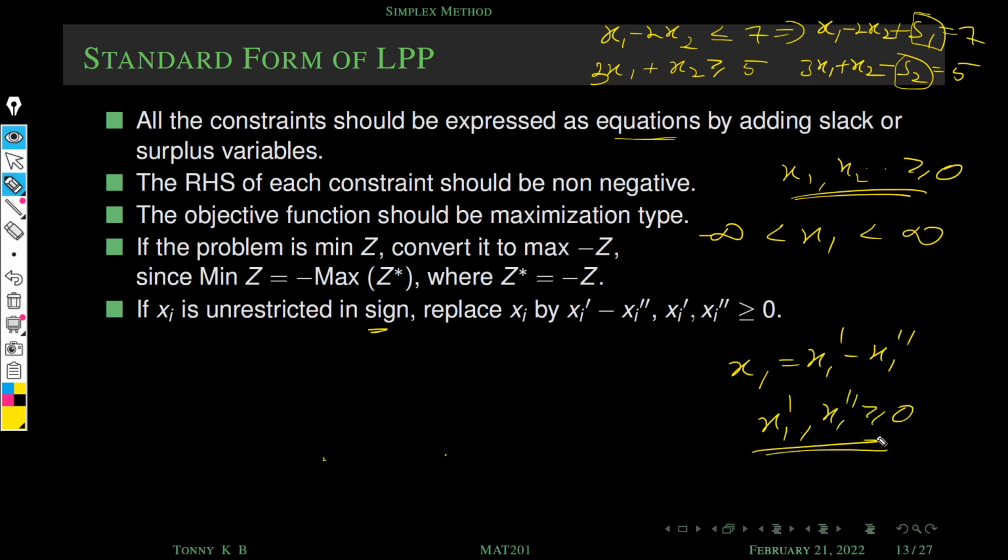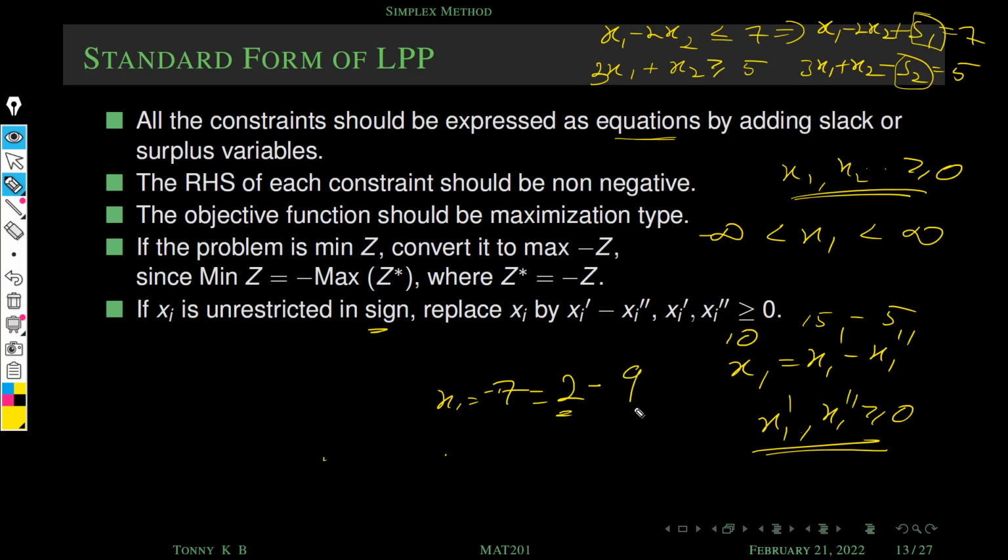This is possible because whatever the number, we can write it as a difference of two positive numbers. For example, x1 equal to 10 can be written as 15 minus 5. Both are positive. Suppose x1 equals minus 7. Then you can write minus 7 as 2 minus 9.